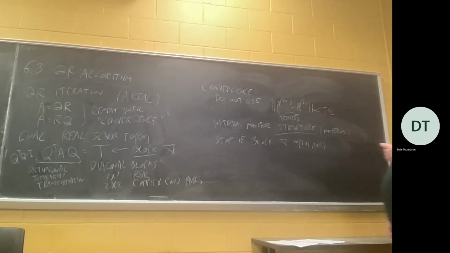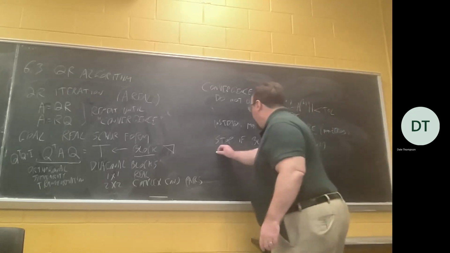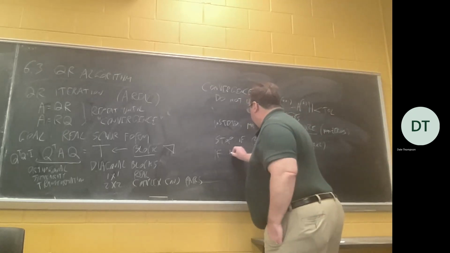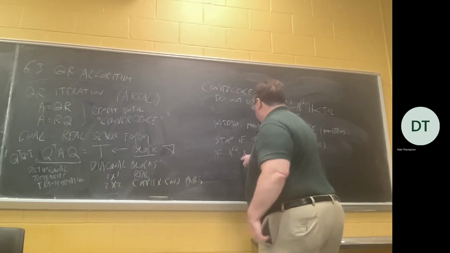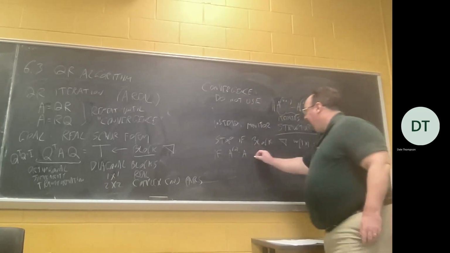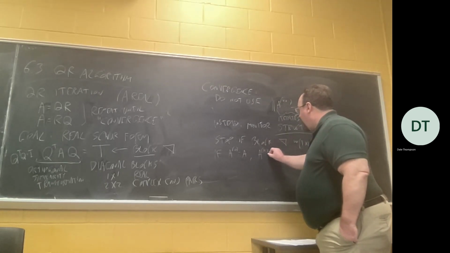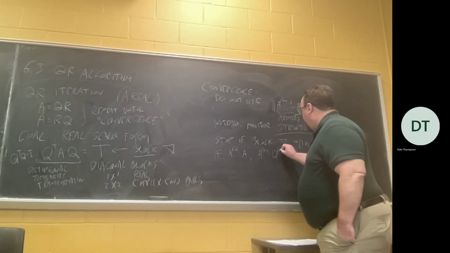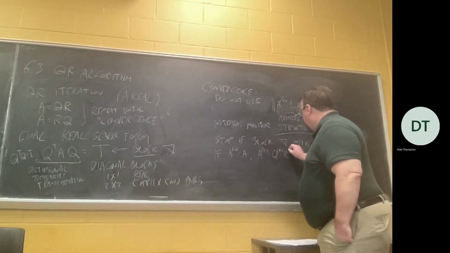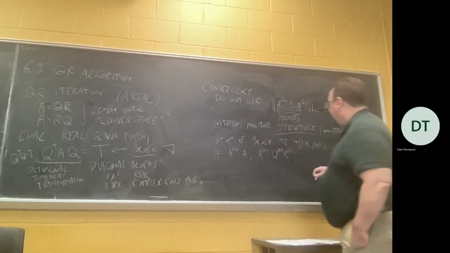Okay, I think the last thing I'll write on this board before I erase anything is I want to relate what's happening with these repeated QR factorizations and multiplications to the final format you're going to get. So if we let A superscript 0 equal the original matrix A, then A^k is defined to be Q_k R_k, that's the QR factorization for each iteration.